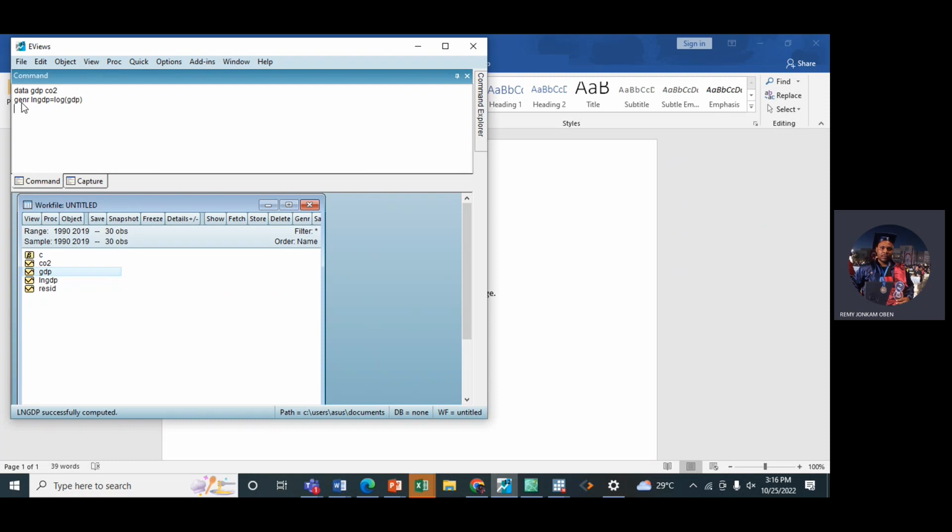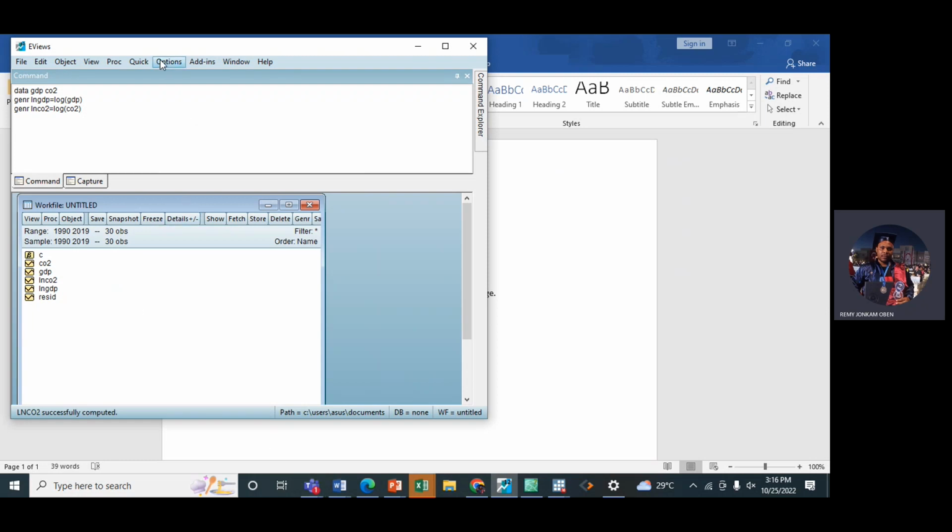I'll generate that of carbon dioxide, generate lnCO2. I've generated the logs. Now I want to estimate the log equation, which means I'm using logs.